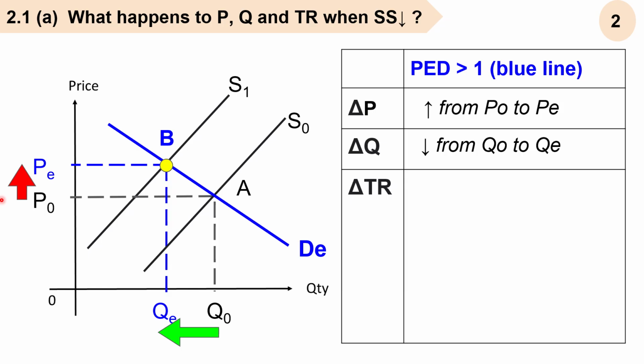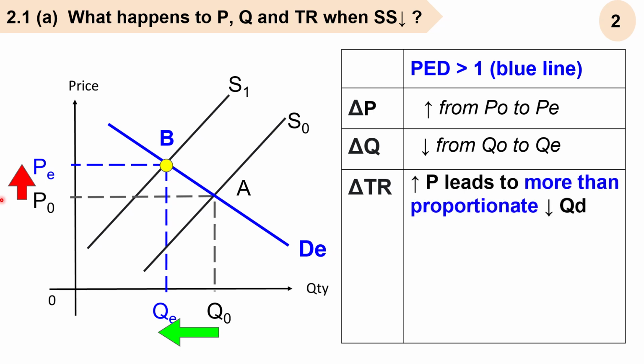So if PED is more than 1, what does that mean? It means that when there's an increase in price, it leads to a more than proportionate decrease in quantity demanded. So can you see the increase in price, the red arrow, is actually shorter than the green arrow, because the increase in price leads to a more than proportionate decrease in QD.